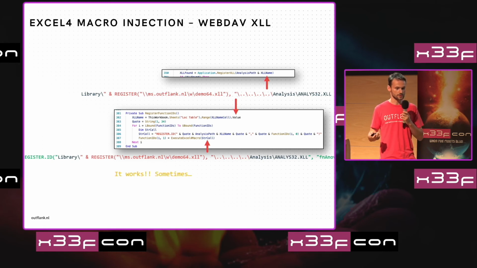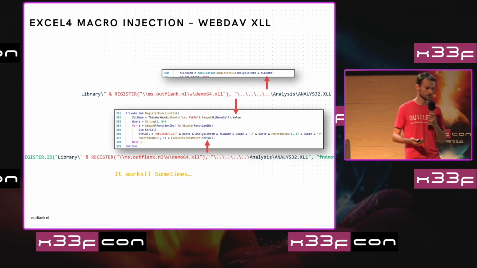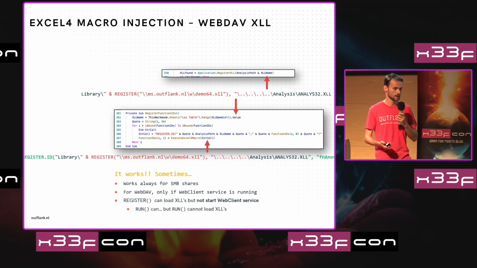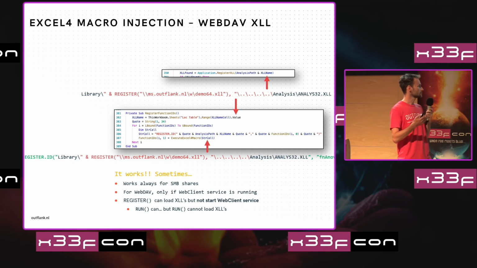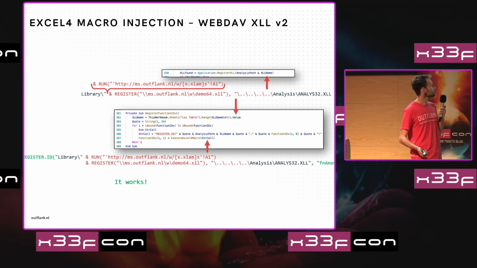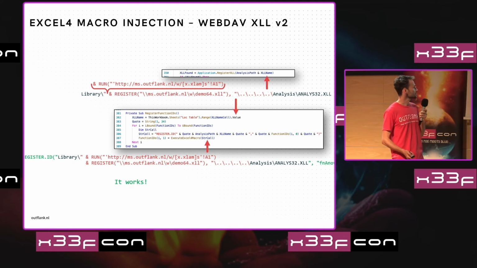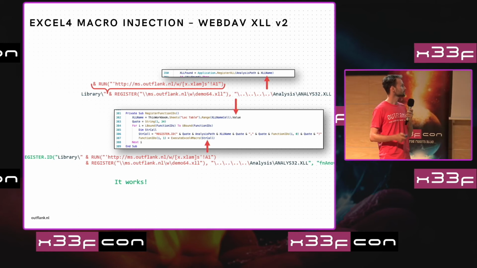That would work sometimes, because here as well, register is not allowed to start the web client service. But luckily, we can use the same trick by referencing a remote cell. We are going to use the function run on a remote Excel sheet and reference, for instance, an empty cell. And then we're going to use register. And this one works. Victory.